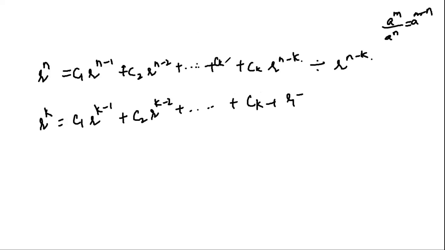The term before the last will be c(k-1) r^(n-k+1), which when divided by r^(n-k) gives c(k-1) r, plus ck. So r^(n-k) and r^(n-k) get cancelled.